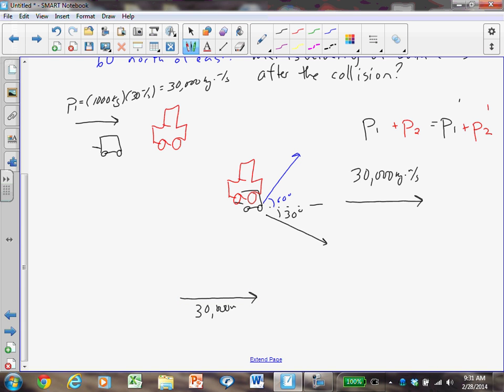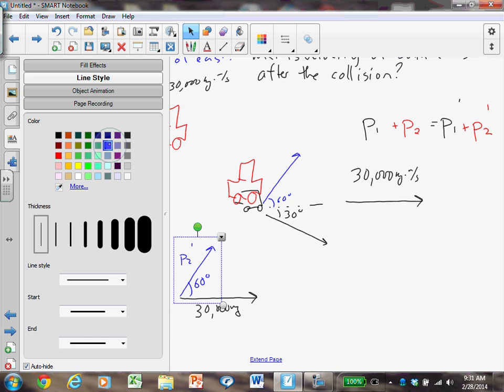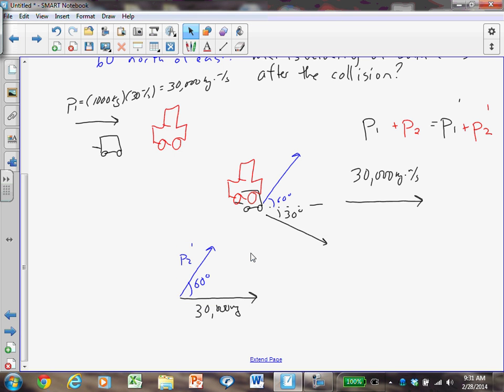You know this, that P2 prime is off at 60 degrees, right? And then, wait, let me make that blue. I'll correspond it to that. And P1 prime went off at 30 degrees.